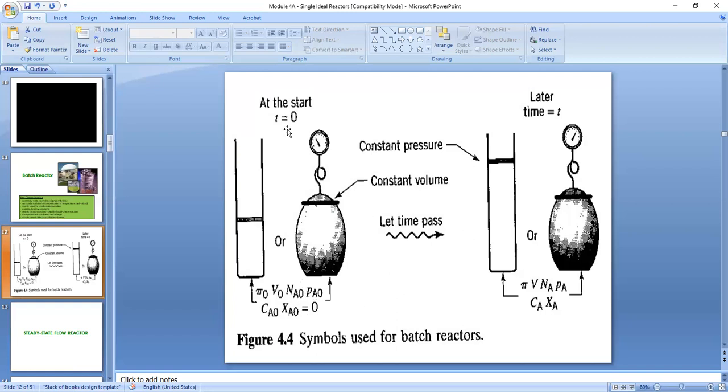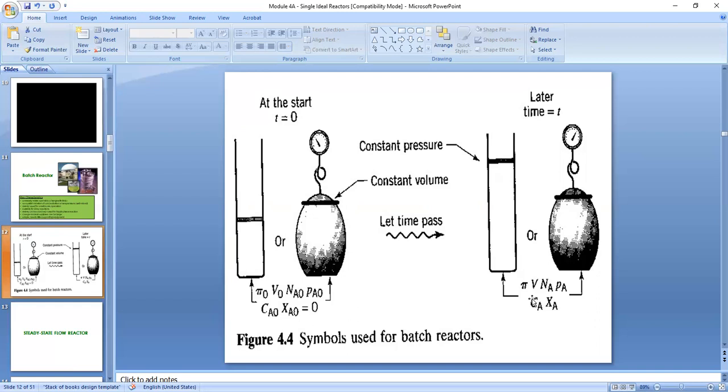And since this is at time 0, for these batch reactors, it could be like this or this. Your CAO, X_A is the amount of A converted, equal to 0, because this is the start of your reaction. After some time, for varying volume, you have it here, constant pressure.